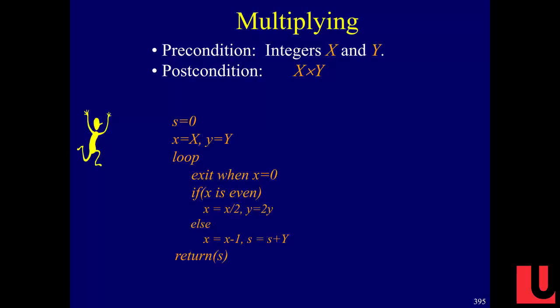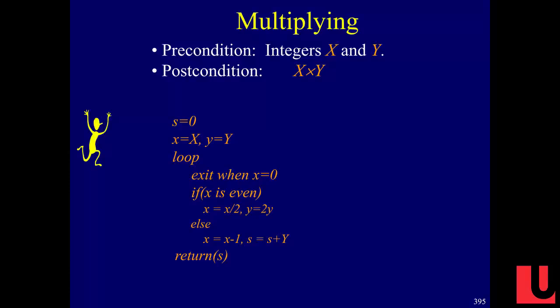Now let's talk about our running time. How much progress are we making? Here we're doing great. Here we're doing lousy. But what do you know? Every other iteration, you're dividing by 2.